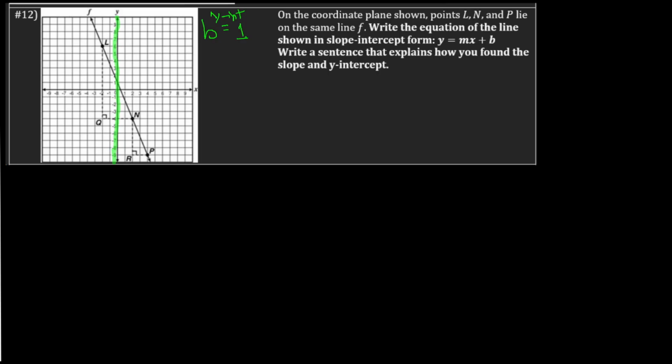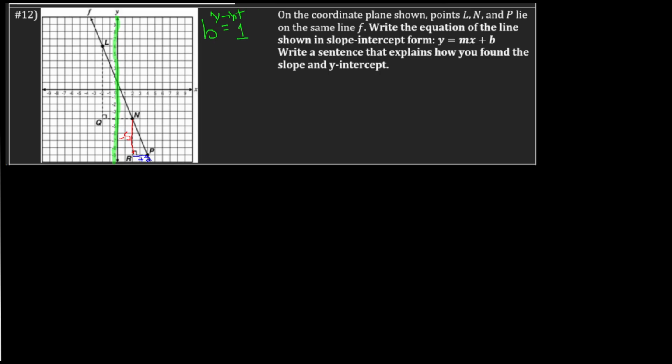Then if I want to find the slope, I can find the length using these triangles shown. If I want to go from N to P, this is going to be -5, so I go down 5, and I go to the right 2, so this is +2.